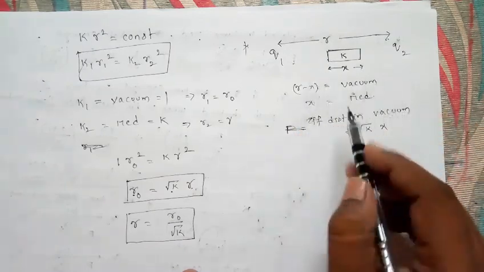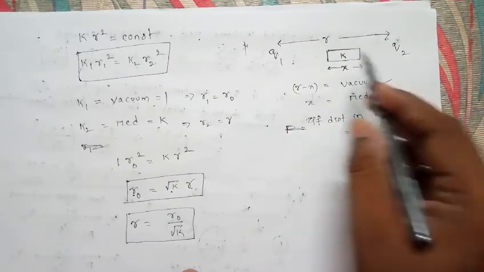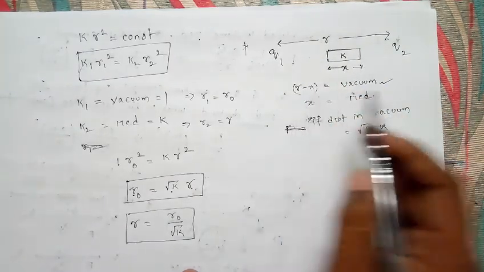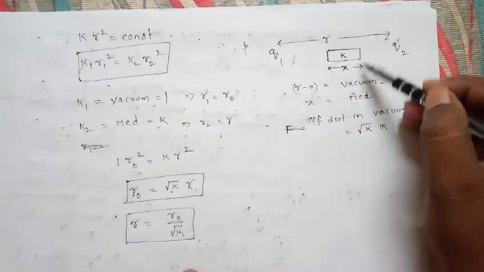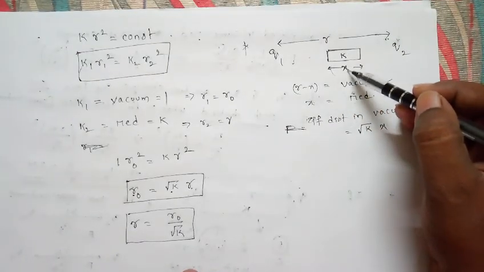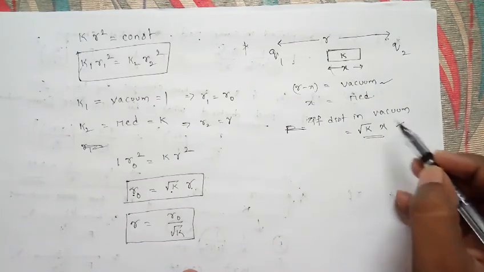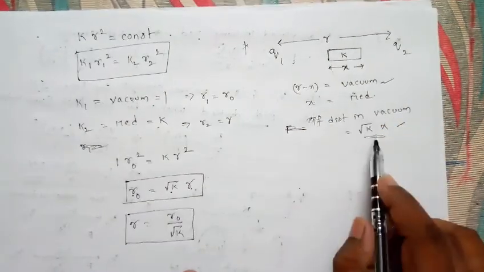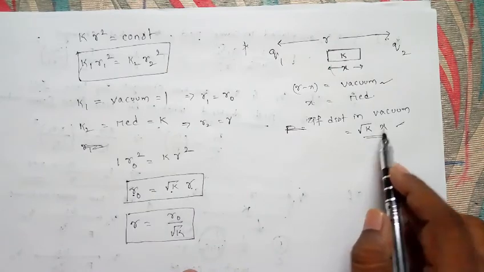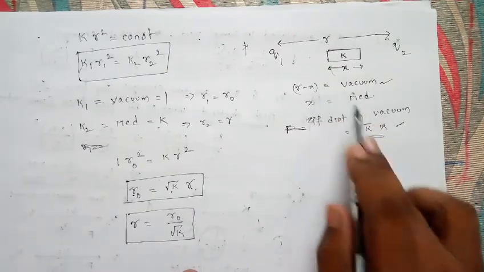So the original vacuum distance is r minus x. This part is in medium, and its equivalent distance in vacuum is root k times x. Then if you take r minus x plus root k x, the distance is completely in vacuum.